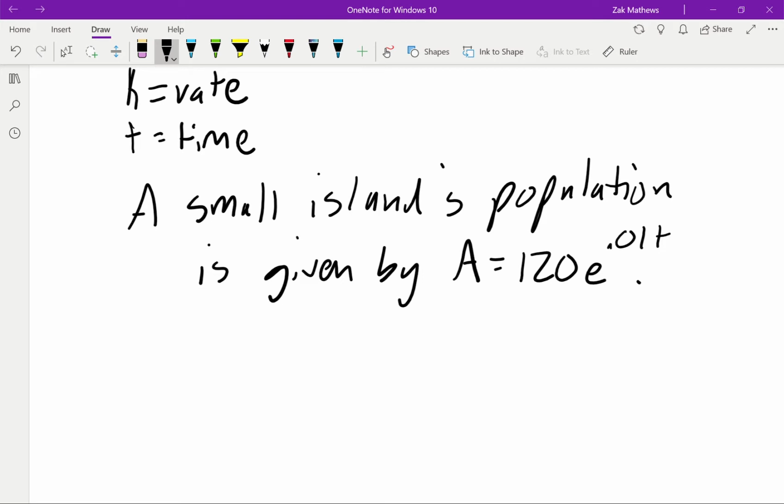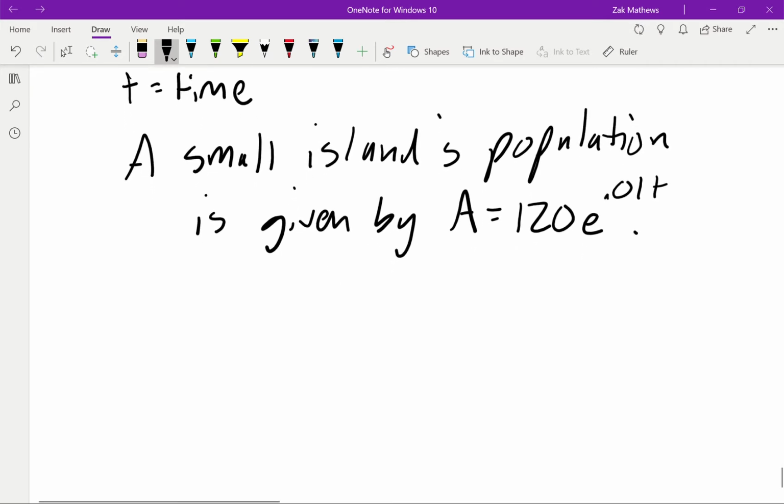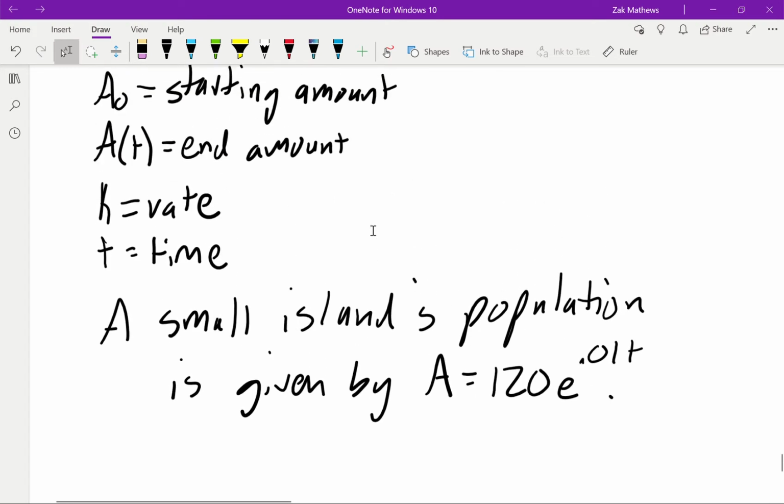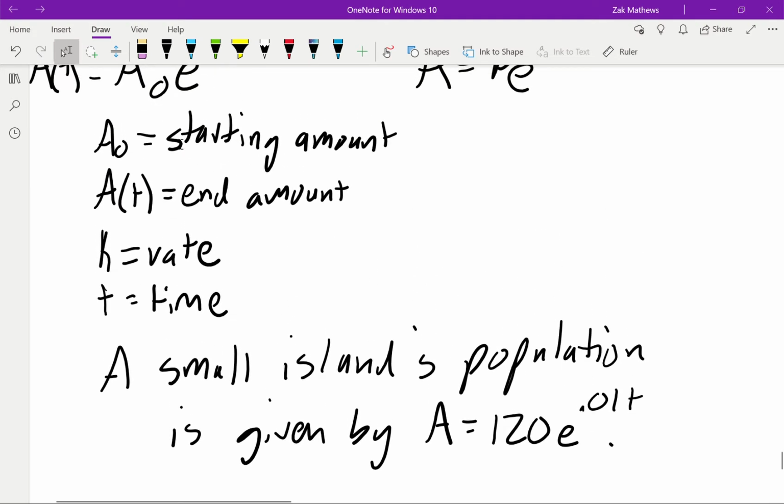And we're just going to take this problem, we're going to do a lot of things with it. So we have a small island's population given by the equation A equals 120 e to the 0.01t. Now, one of the nice things about this equation is it gives us that very definite information every single time. We know that based on its position, we know what the starting amount is, we know what the rate is, and then we have the variable t that we should just plug in to get the time.